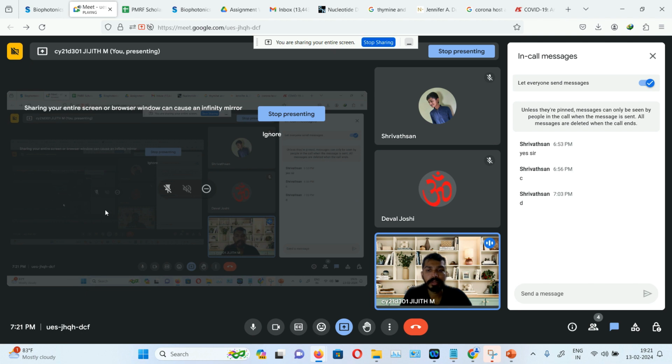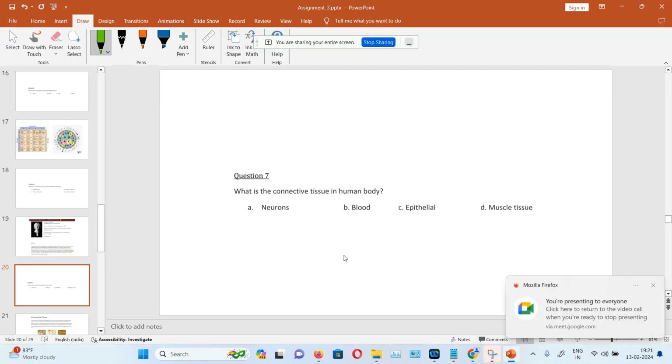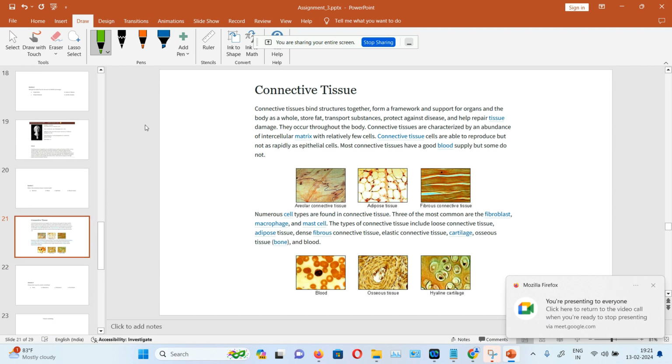Let's settle the answer. Here, let's see the definition of the connective tissue. And here, I'm giving a disclaimer that for this presentation, I took a lot of images from Google directly.